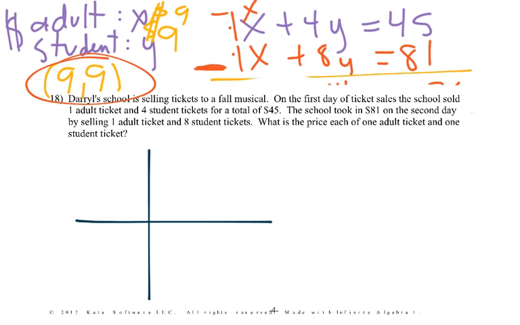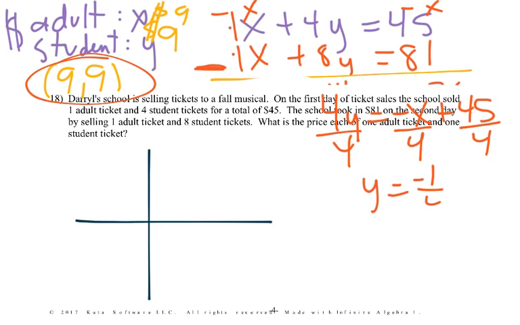So I'd subtract x from both sides. So I'd get 4y equals negative x plus 45, divide by 4. So I get y equals negative 1/4 x plus 45 divided by 4. 4 goes into that 11 and 1/4.